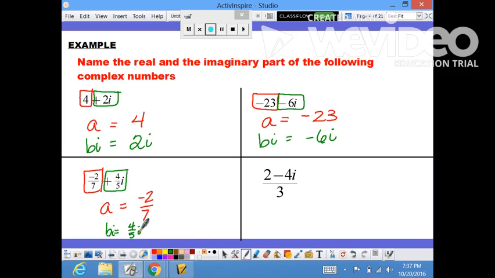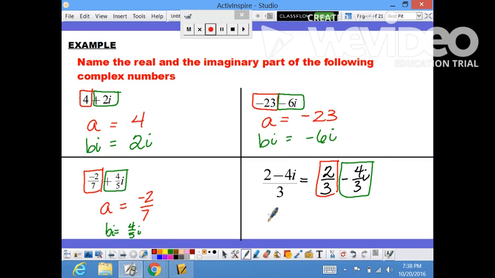And last but not least, you have 2 minus 4i/3. To begin this one, let's break it up. We're going to break it into 2/3 minus 4/3i. Now we're ready to name the real part and the imaginary part.